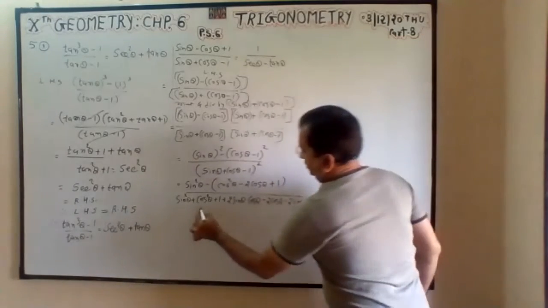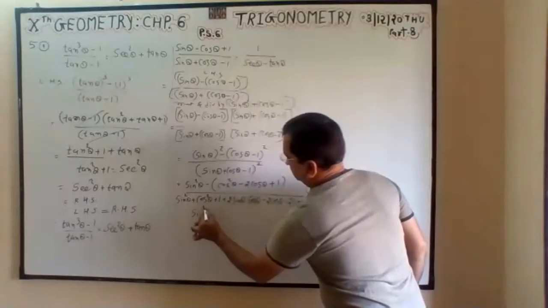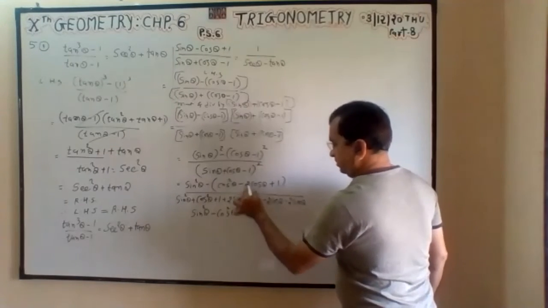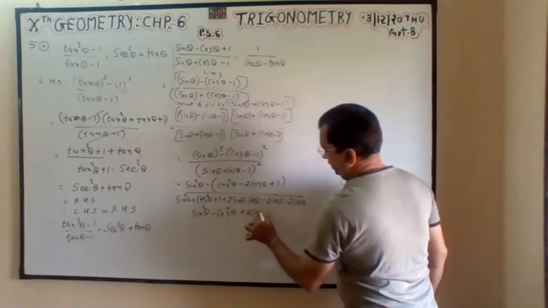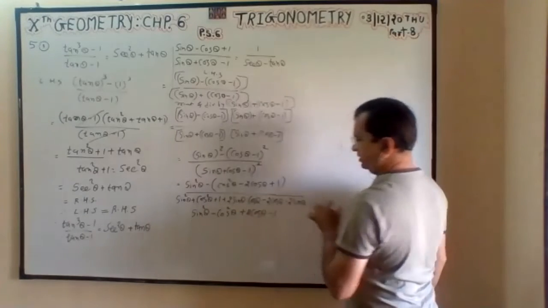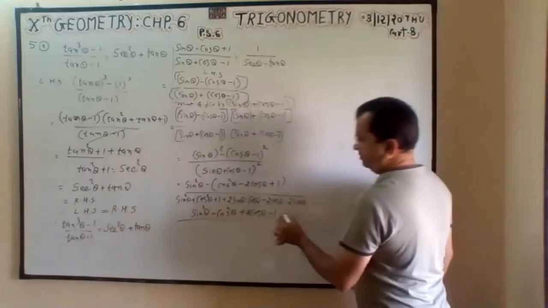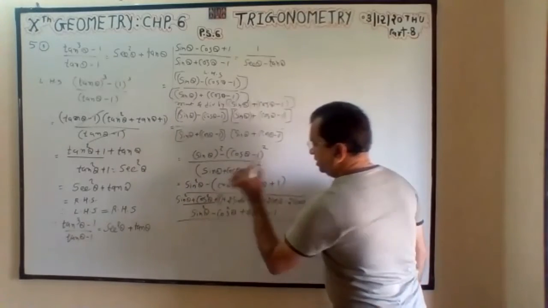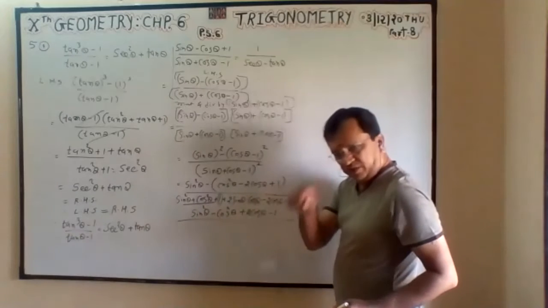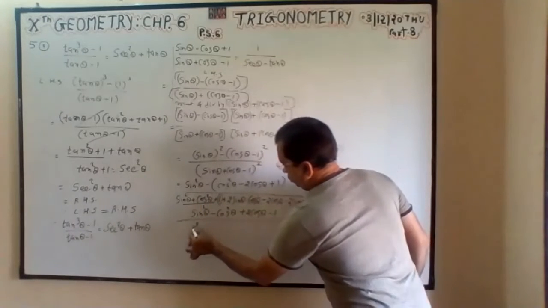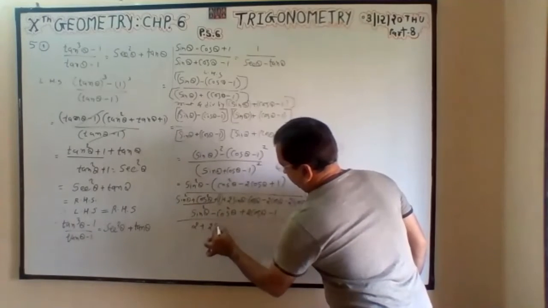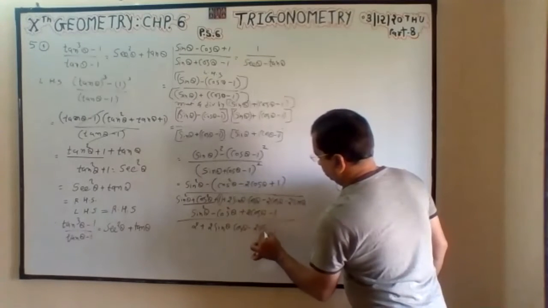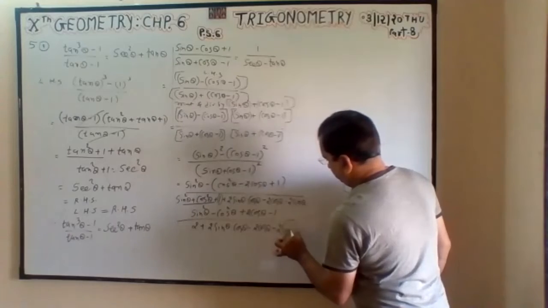Now I will open this bracket. Sin square theta plus cos square theta minus minus plus 2 cos theta minus 1, divided by sin square plus cos square is 1, then this is also 1. Sin square plus cos square is 1 plus 1, so 2 plus 2 sin theta cos theta minus 2 cos theta minus 2 sin theta.